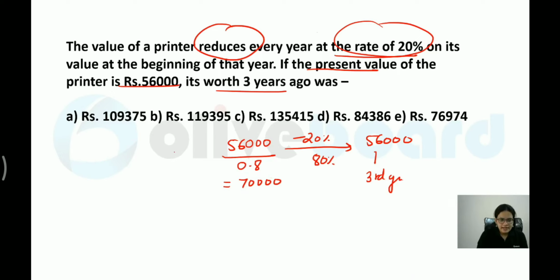Okay. Next, again, there would have been depreciation here as well. So again, you have to write 70,000 divided by 0.8. You can check what value you are getting in this case.